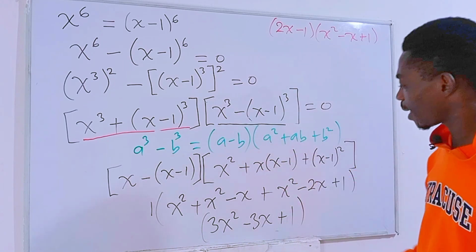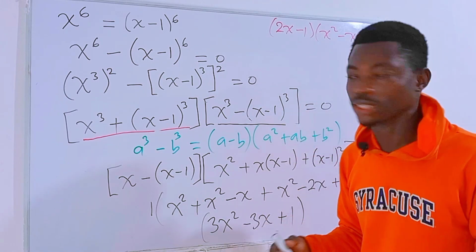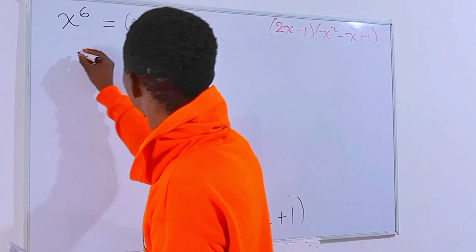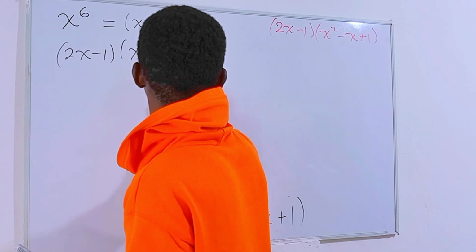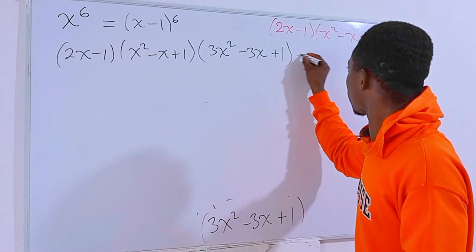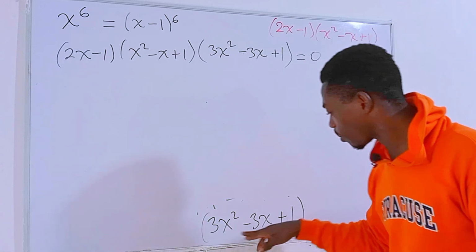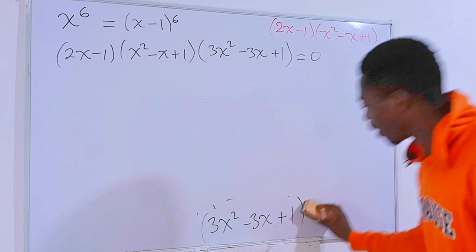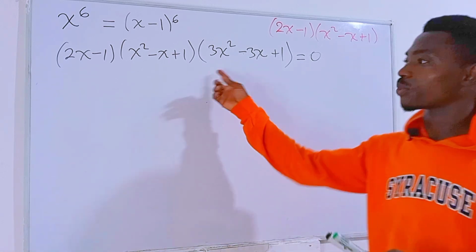Now let's go ahead and put this and this together to form our equation. So I'm going to get rid of this. Now we have 2x minus 1. This is equal to 0. Cool, easy. Now I just combine this factor here and then this factor and then equal to 0. And now I can actually get rid of this one and then focus on this right here.